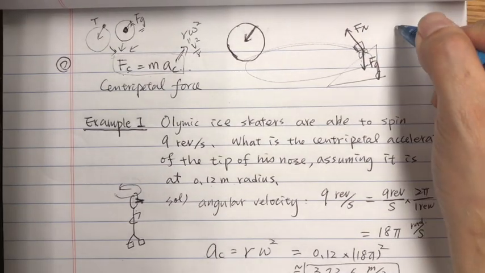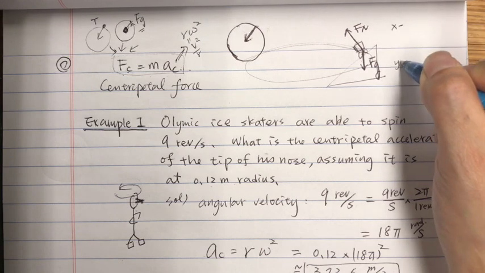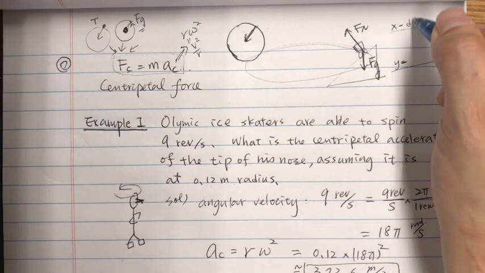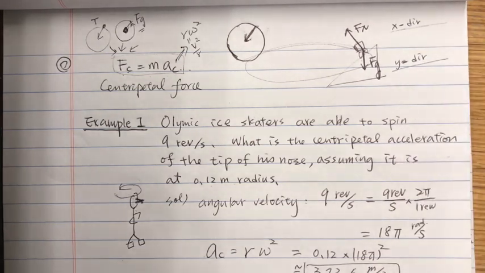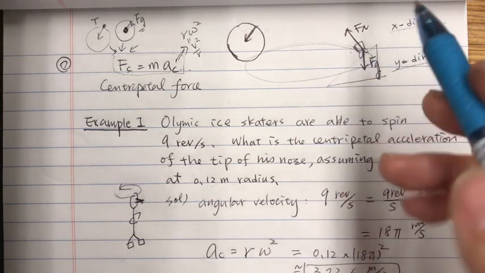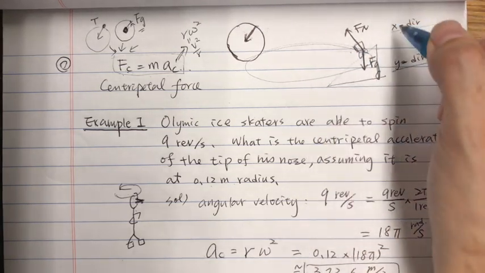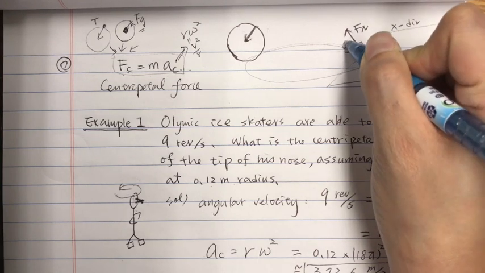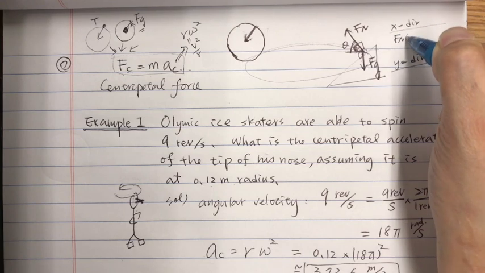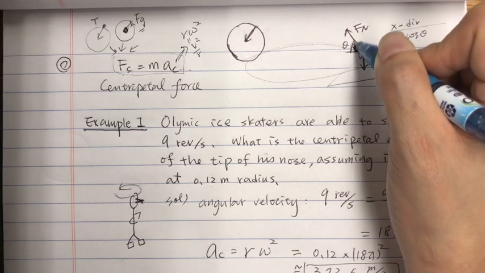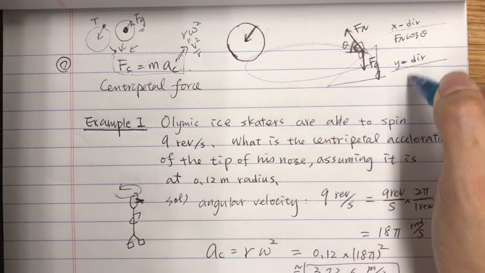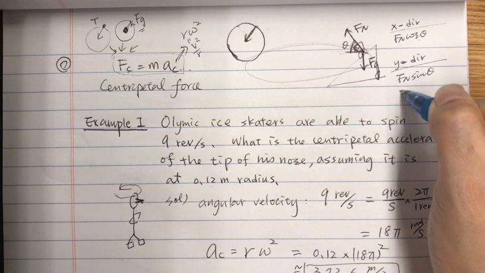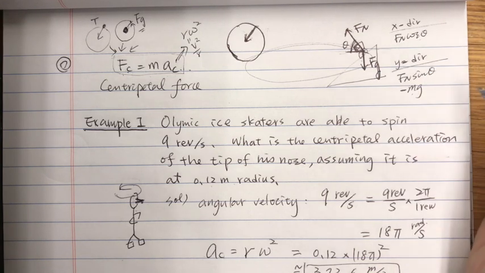Remember that in a two-dimensional problem, it is helpful to separate the x direction and the y direction. Say this angle is theta. In the x direction we have Fn cosine theta. In the y direction, we have Fn sine theta and minus mg, because that's the gravitational force.